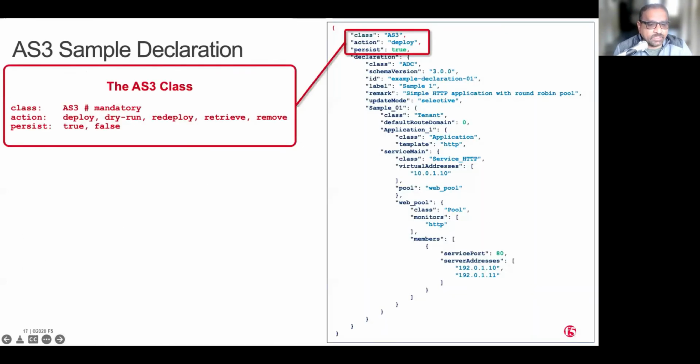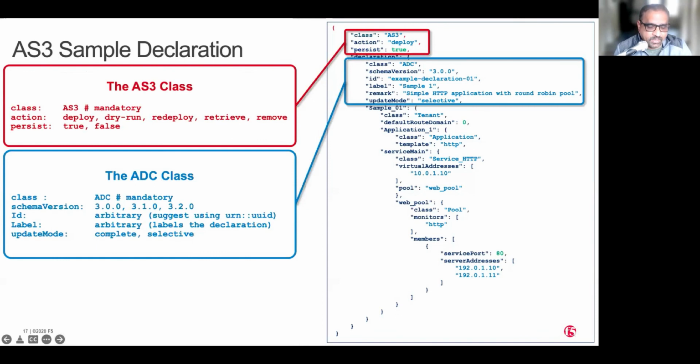See, for example, you will have the AS3 class here. In the class definition, you can have what actions you want to do, right? Whether you want to deploy, just do a dry run or retrieve some things, those definitions. Under that, all other things are encapsulated. Like for example, the ADC class is encapsulated under that.